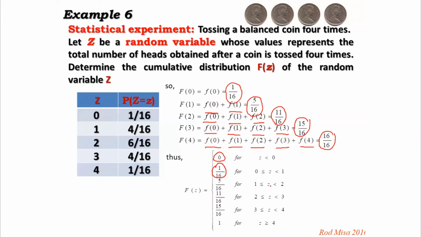When z is 1, the big F of 1 is 5 over 16. The big F of 2, we know, is 11 over 16. And the big F of 3 is 15 over 16, while the big F of 4 is 16 over 16, which is equal to 1. Hence, this big F of z is the representation of the cumulative distribution function.